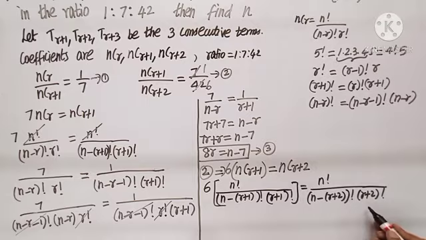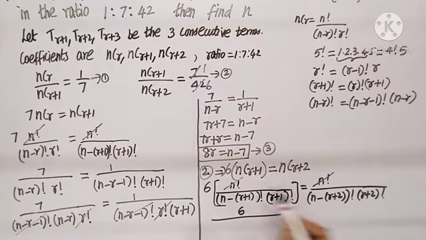In this question, I have r plus 1 and r plus 2. So I will simplify r plus 2. How should I write? (r plus 1) factorial into (r plus 2). Cancelling n factorial, 6 by, simplifying this, (n minus r minus 1) factorial into (r plus 1) factorial.